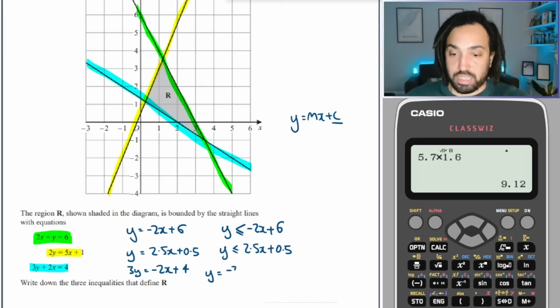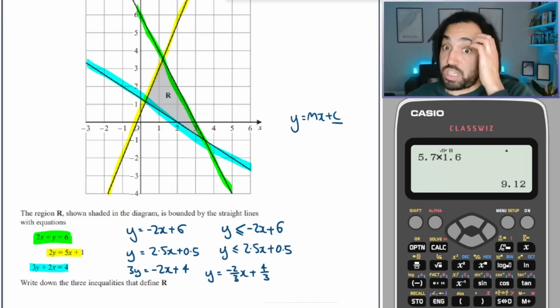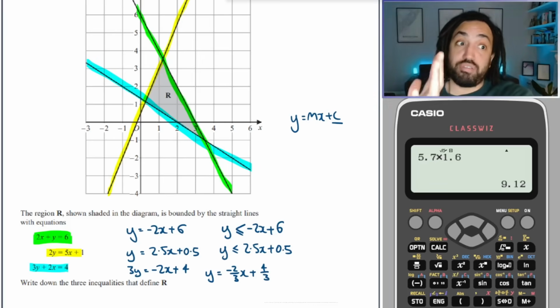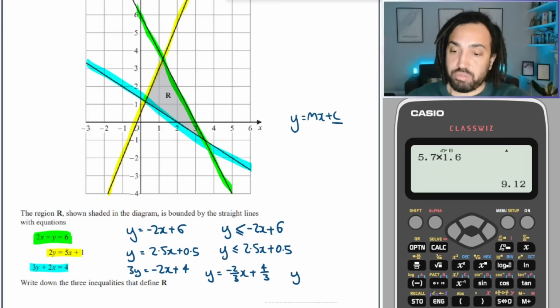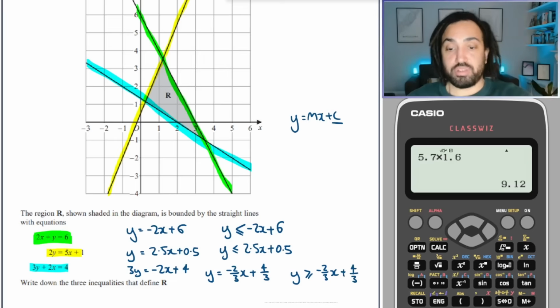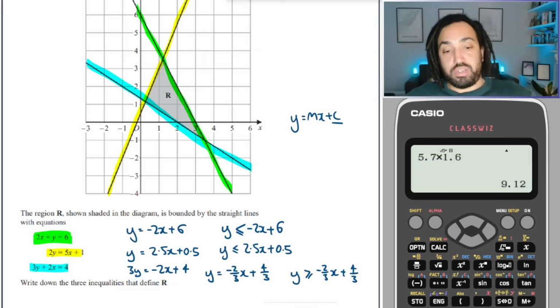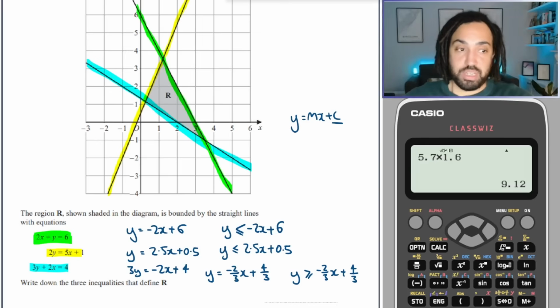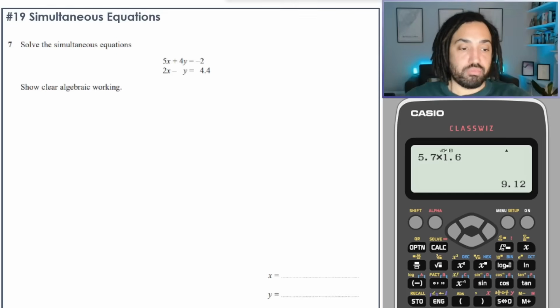That way, I just keep it nice and consistent with what I'm doing. So divide through by 3 like that. And this time, you can see the region is above the blue line. So therefore we write y is greater than or equal to minus 2 over 3x plus 4 over 3. Okay, right, hopefully that explains it.